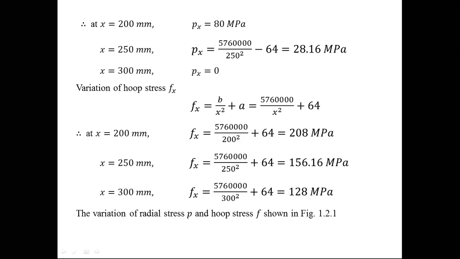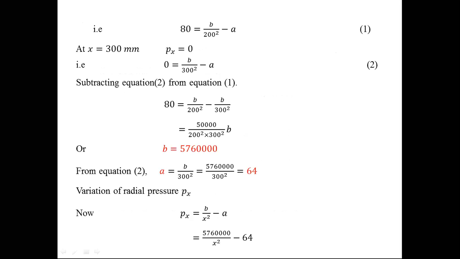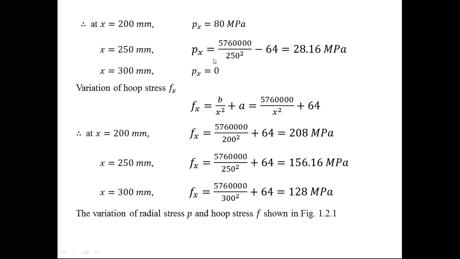Use this equation: put 250 in place of x, minus 64, that is 28.16 MPa, Newton per mm square. And at x is equal to 300, it is the outer radius, there is no external pressure, therefore it is 0. So this is the variation of the radial pressure.